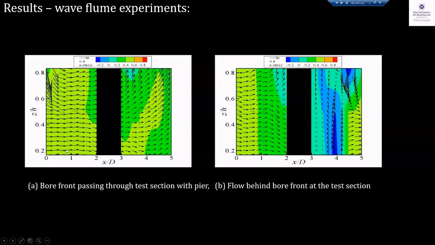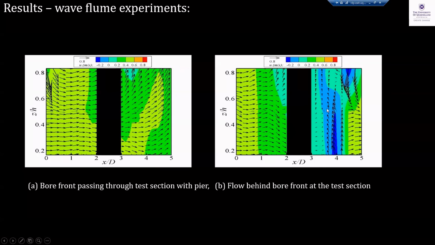So with depth, we are looking at velocity vectors. Initially, when the bore is just at the pier, we see the velocities are all uniform in the horizontal direction. So there is some downward flow, but not very significant. Whereas once the bore front has gone past the pier, we see the flow is going downward.